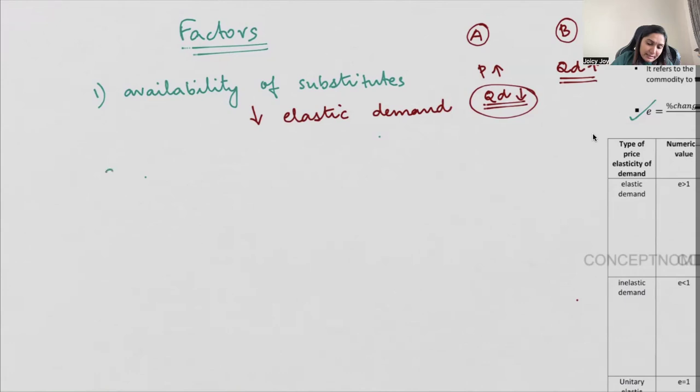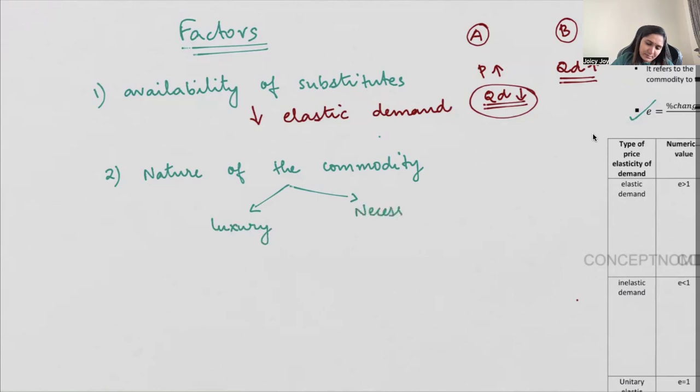Now, the second factor that influences the elasticity is the nature of the commodity, which we can divide into luxury and necessity.